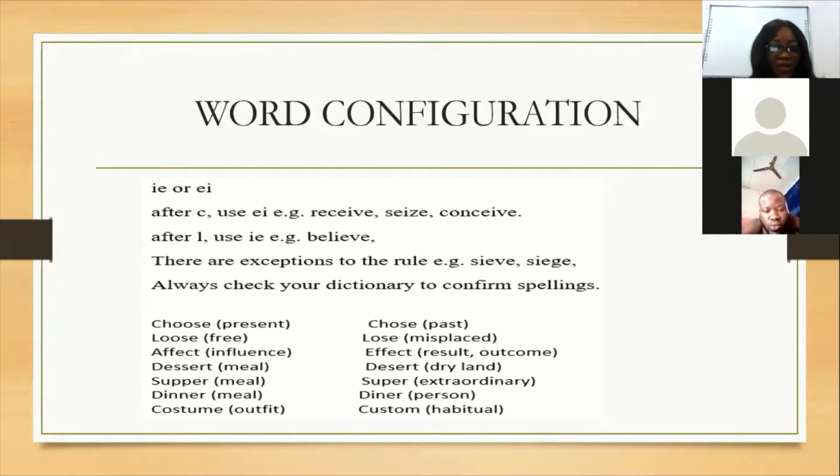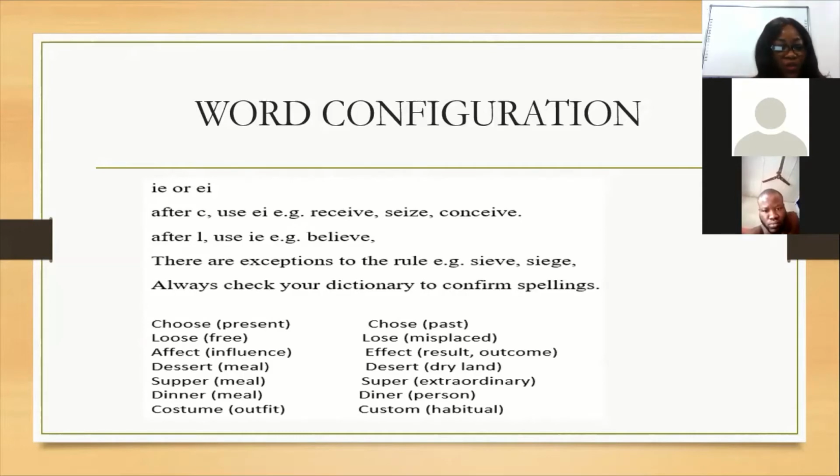Also, there are some words that can sometimes be misused because the language learner doesn't really know the difference between one and the other. I had that problem at some point, but I was able to overcome it, and I'd like to share a few of these words with you. Now, there is a choose and there is a chose.